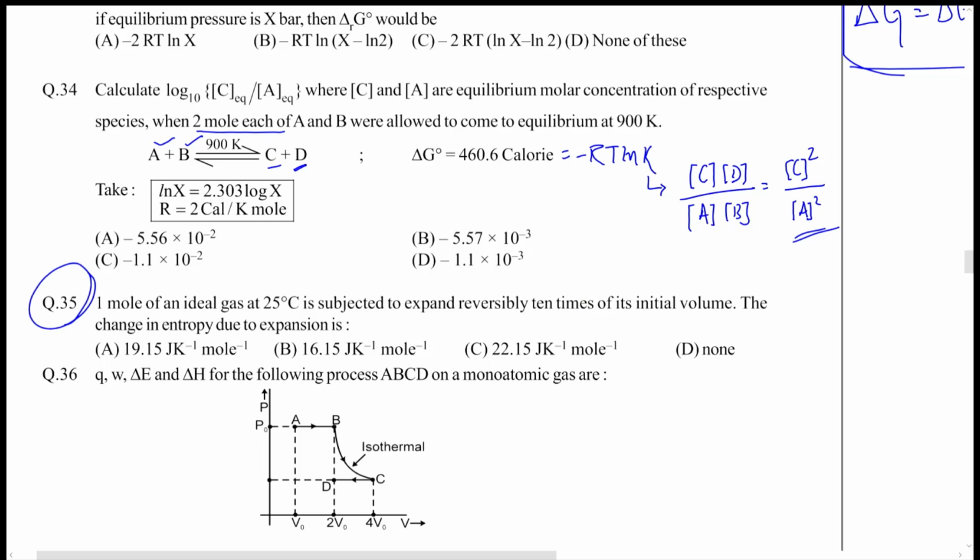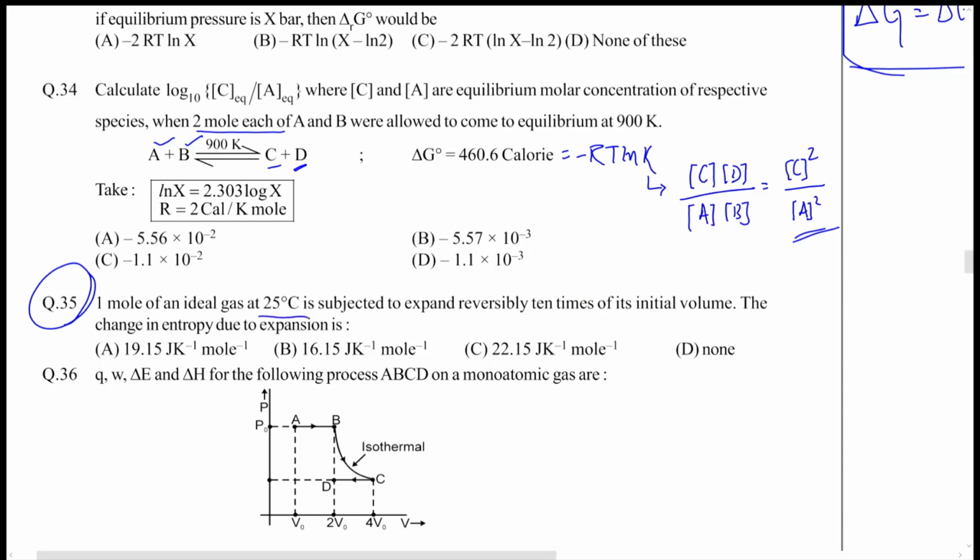1 mole of an ideal gas, change in entropy. So we leave 10 times of its initial volume. I think it's at 25 degrees Celsius.